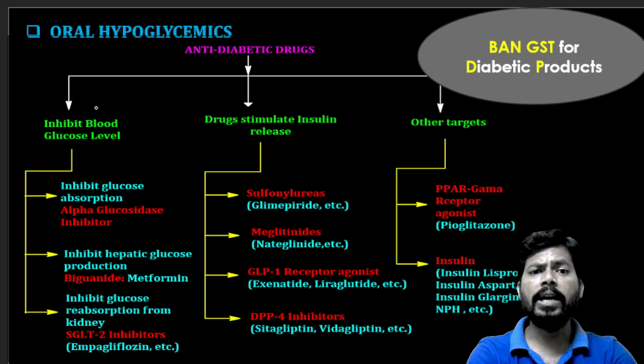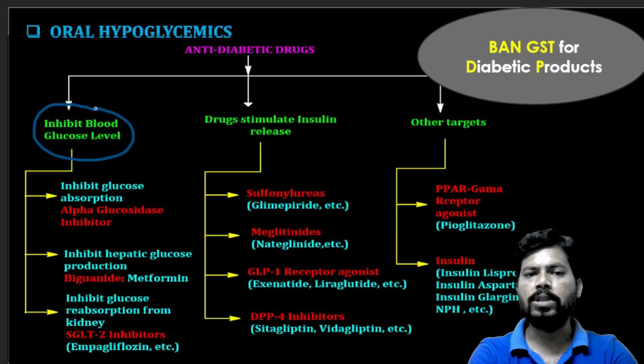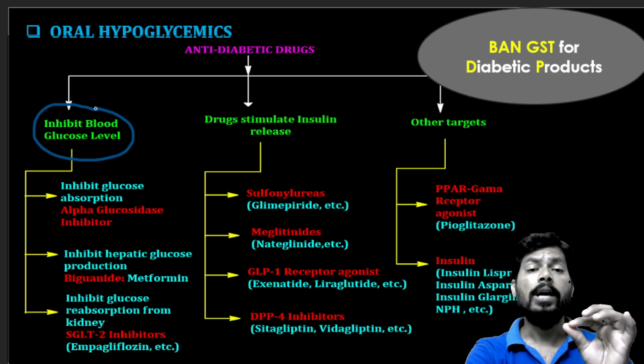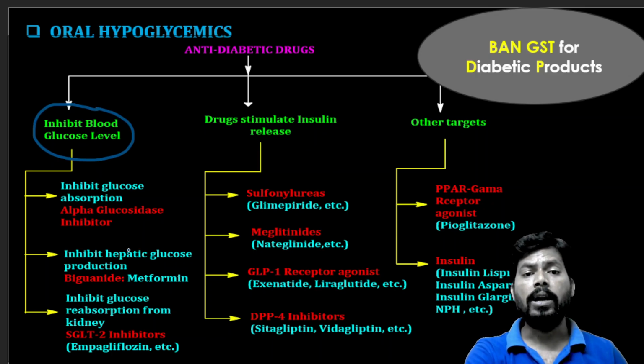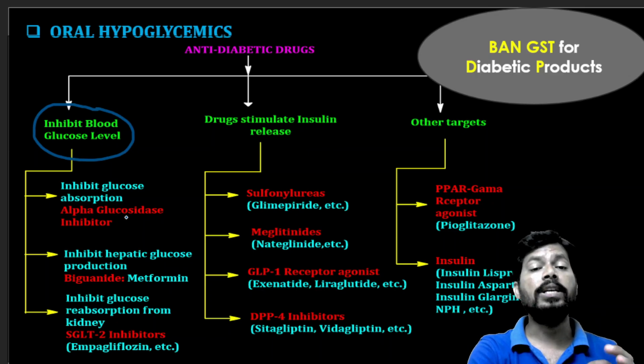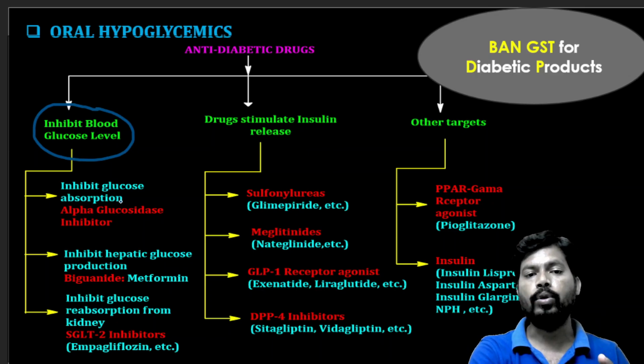Regarding the three categories, first, drugs that inhibit blood glucose level. Especially they decrease excess glucose levels in blood, like alpha glucosidase inhibitors such as acarbose, which inhibit absorption of glucose. Next, inhibit hepatic glucose production, chemically biguanides, metformin, fenformin.